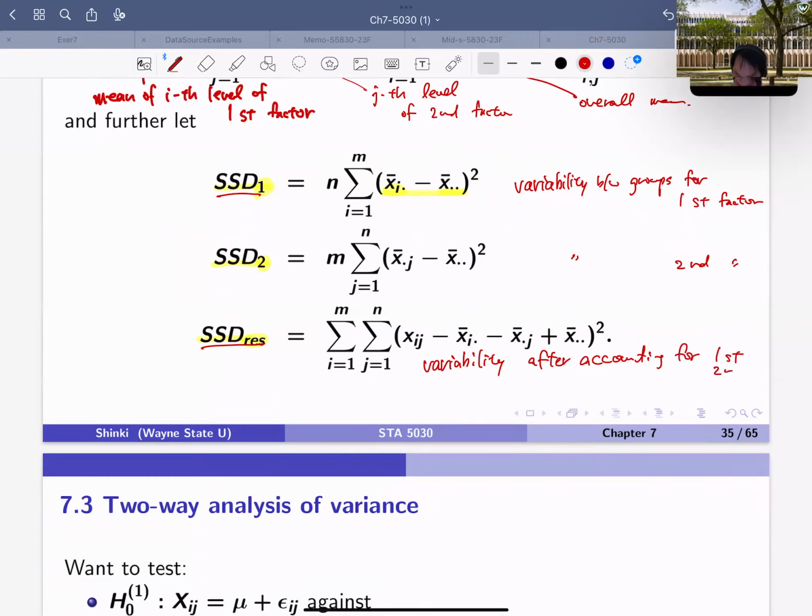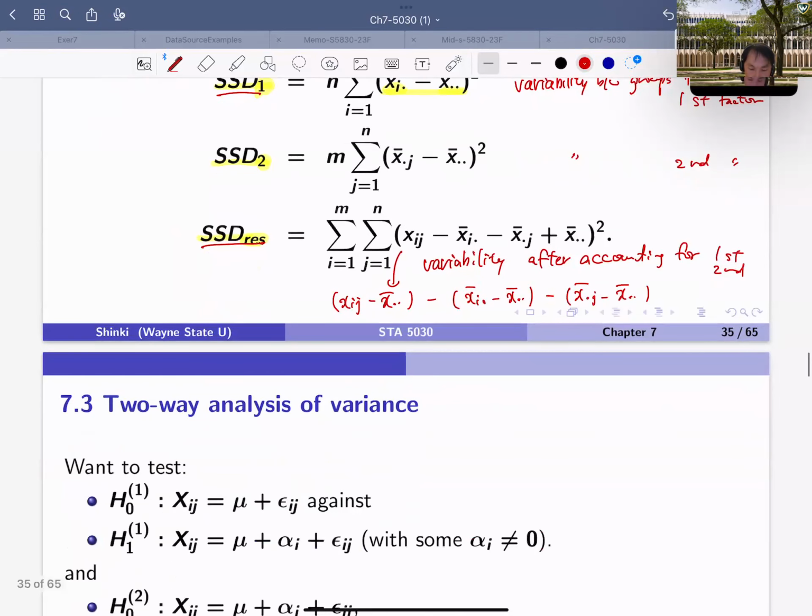First and second factor. So actually, this is a little bit hard to interpret, but this is basically x_ij minus x dot dot bar, minus x_i dot bar minus x dot dot bar, minus x dot j bar minus x bar dot dot. So basically, the first term is the deviation of x_ij from the overall mean.